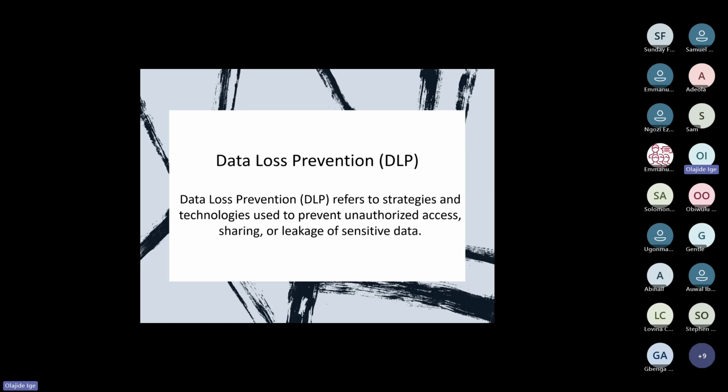So yesterday we said we are going to talk about three things, which is data classification that we have been talking about so far. The next one is the data loss prevention policy. As the name implies, it is the strategy or technology used to prevent unauthorized access, sharing, or leakage of sensitive data.